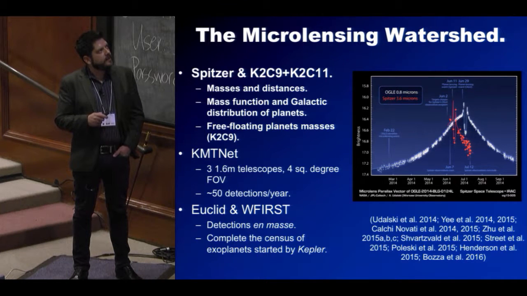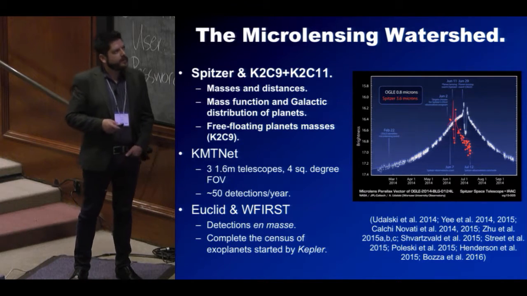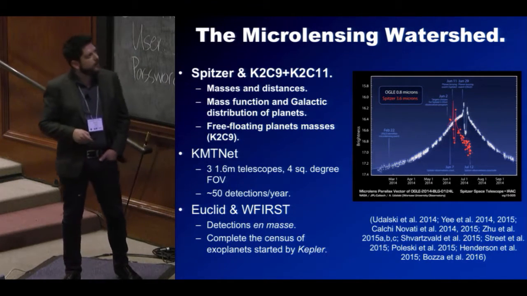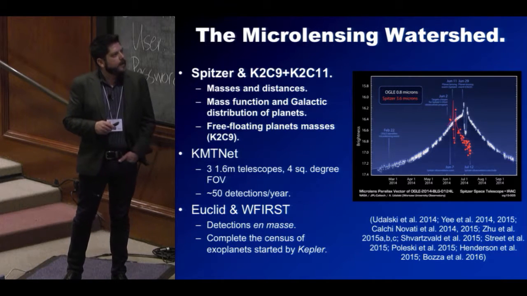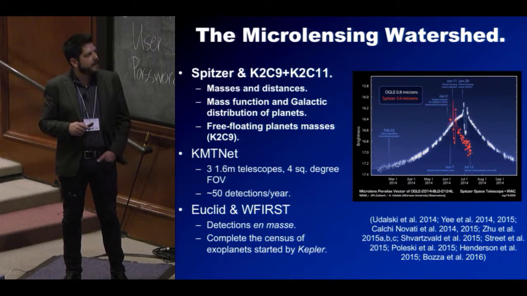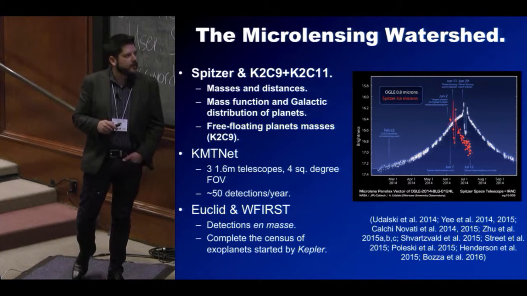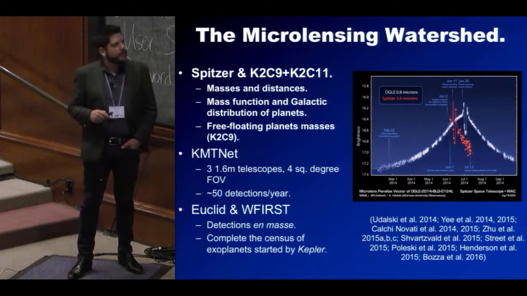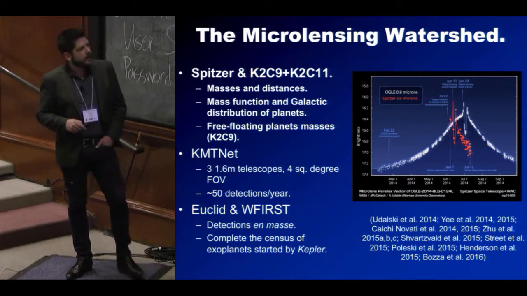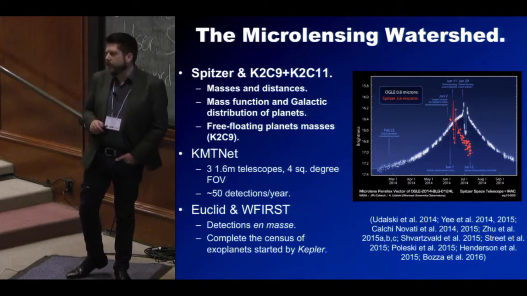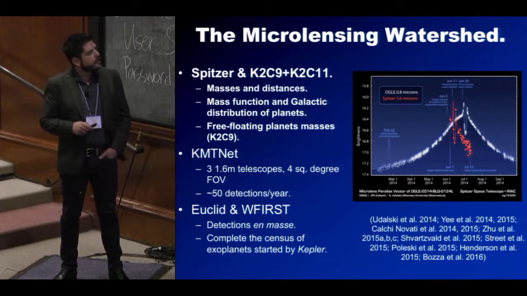There's campaign 11. These will also do microlensing, but we'll also try to validate free-floating planet masses. I'll talk more about that. There's a new ground-based survey coming online called KMTNet, which is 3 1.6 meter telescopes with 4 square degree fields of view. This is expected to quintuple the detection rate roughly per year. I won't have time to talk about that, unfortunately.